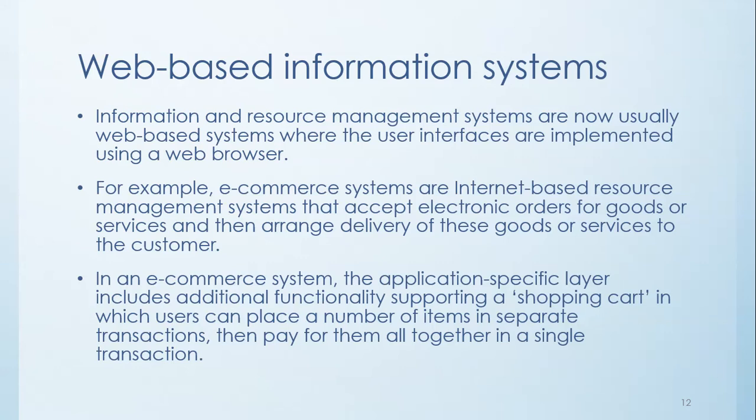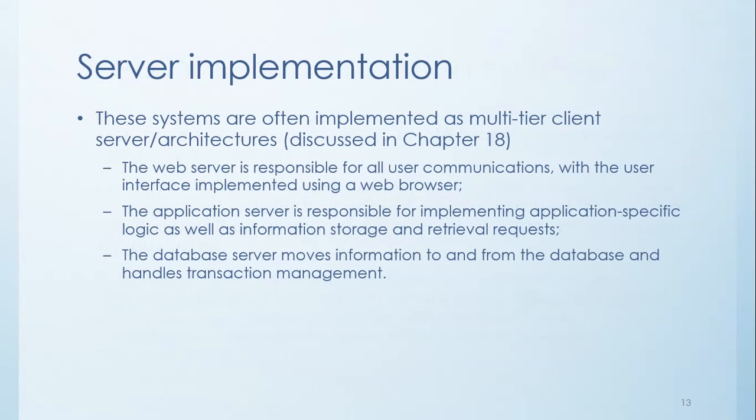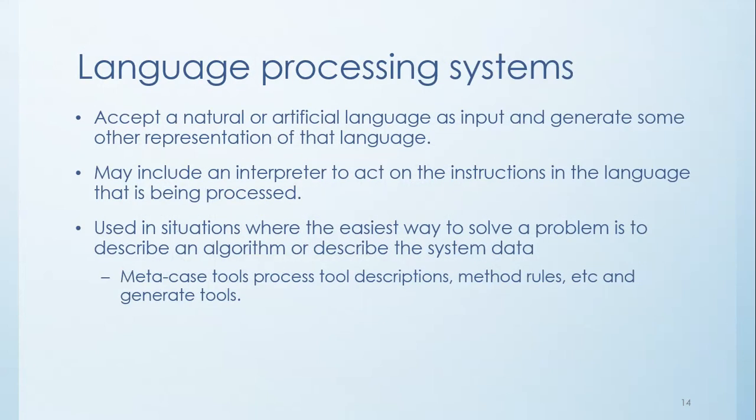Now you also have web-based information systems. You can implement these with web browsers, such as e-commerce systems. These systems are often implemented as multi-tier client-server architectures, where the database servers move information to and from the database and handle transaction management.